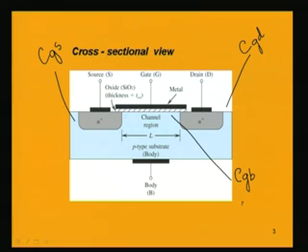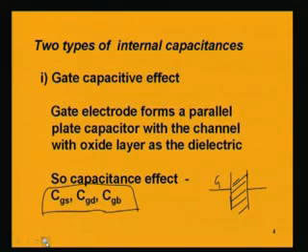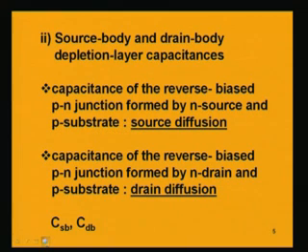Now, these p-n junctions will have depletion layer capacitance.